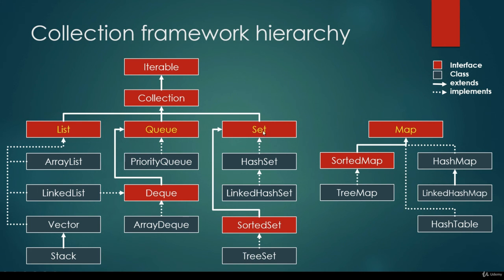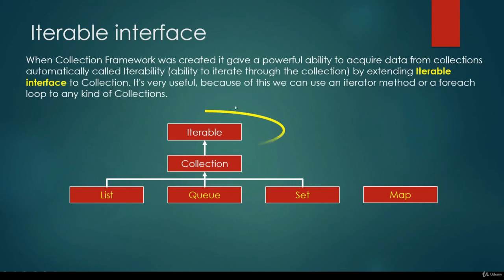There are several sets: HashSet, LinkedHashSet, the SortedSet, and the TreeSet, and there are several options when we want to use the map. For example, we can use a SortedMap or a TreeMap. We can use HashMaps, LinkedHashMaps, and Hashtables. The red ones are interfaces and all the others are classes. And as you can see, the dashed line refers to implementation, and the arrows show when the given interface is extending another interface.